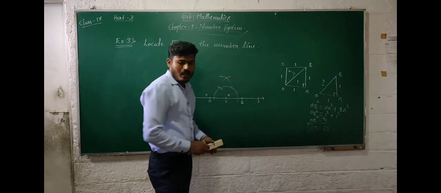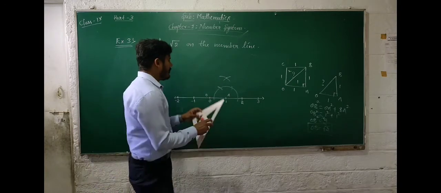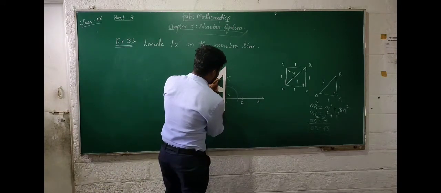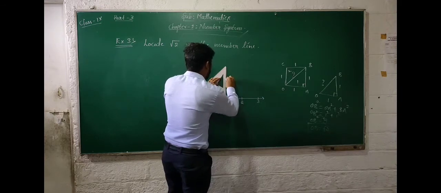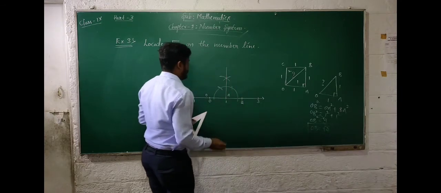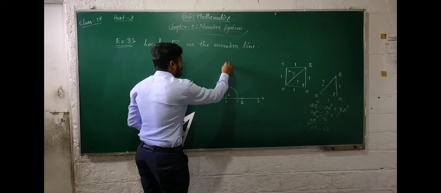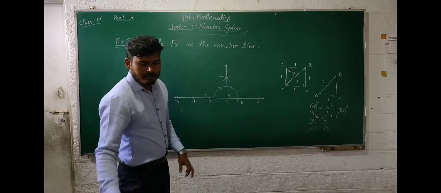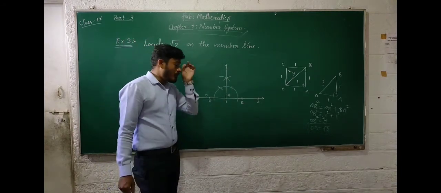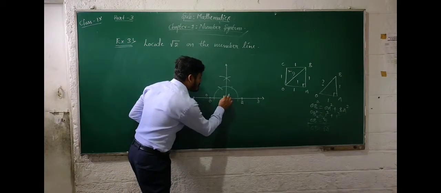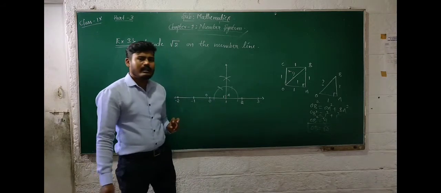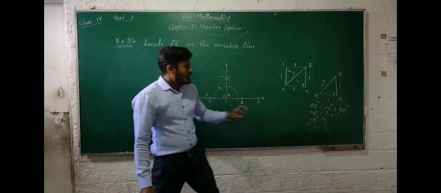Mark that point and join by using a scale or ruler. Mark an arrow above the line. This is a perpendicular line, that means it measures 90 degrees.